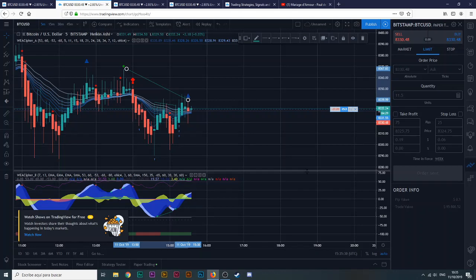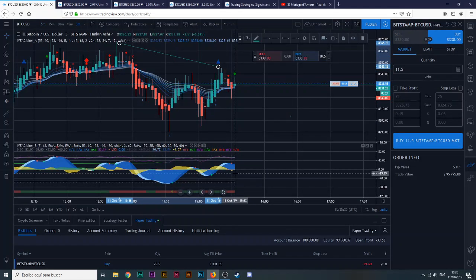Now, is it time to buy? We saw that we want to wait for this yellow indicator to move above zero. So we're waiting.